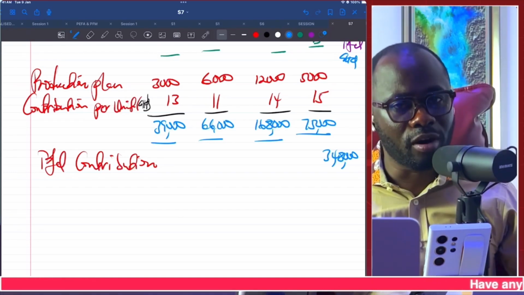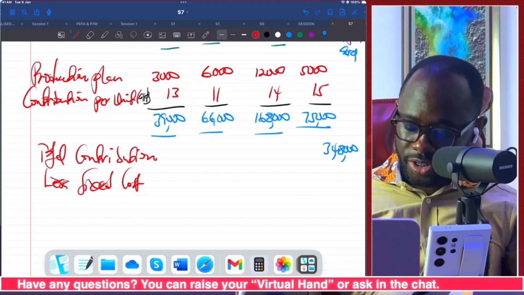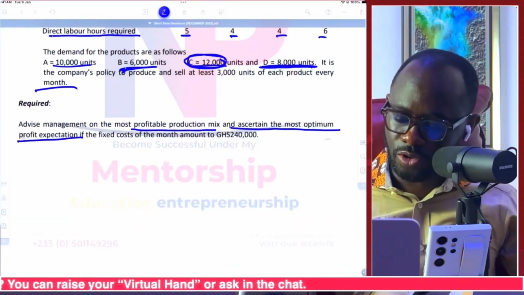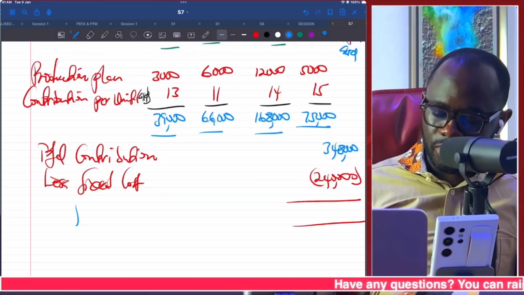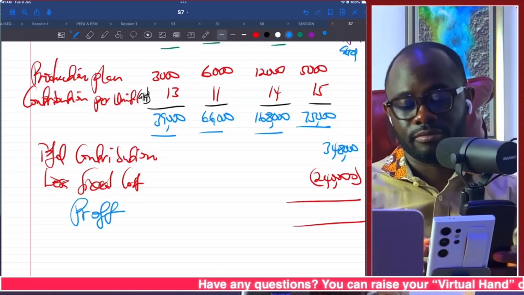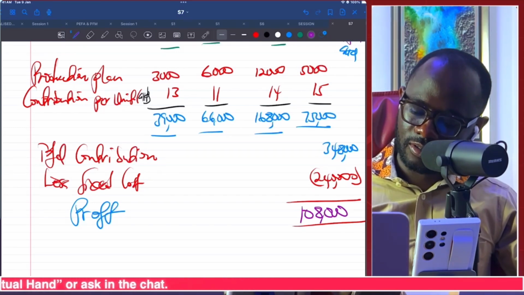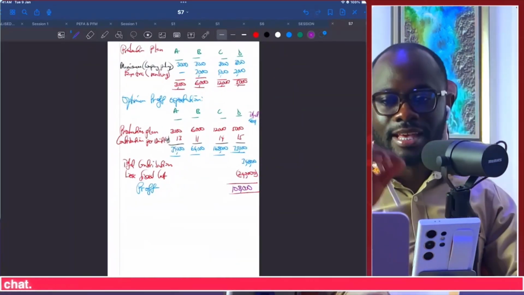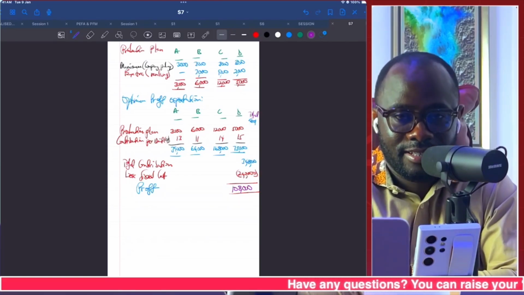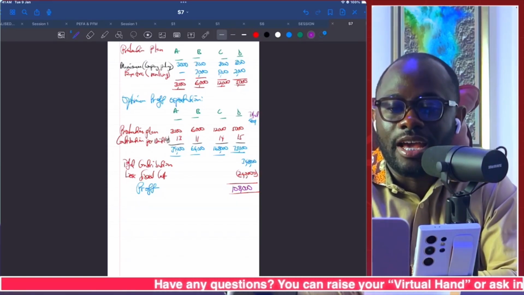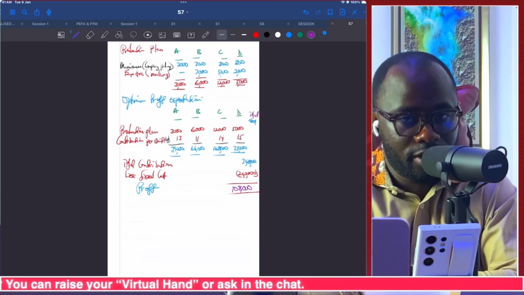We are looking for profit. So we less fixed cost, which was given to us in the question to be 240,000. And that gives us the optimum profit of 108,000. This is limiting factor analysis and how we design the production plan and calculate the optimum profit.